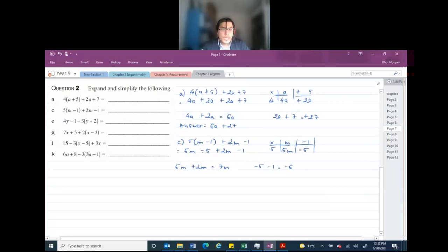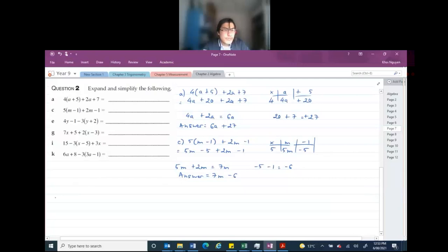So the negative sign here goes with the 5, and the negative sign here goes with the 1. So it's very important that you include the sign that is in front of the number. Then the answer is going to be 7m minus 6. So basically what we've done here is we combined the like terms together.